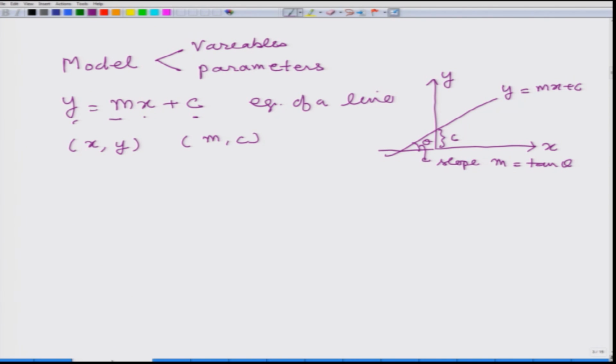So now let us consider this line, and I ask you one simple question. If I write two statements here, let me explain which statement is correct. The first statement is: knowledge of x and y completely describes the equation.